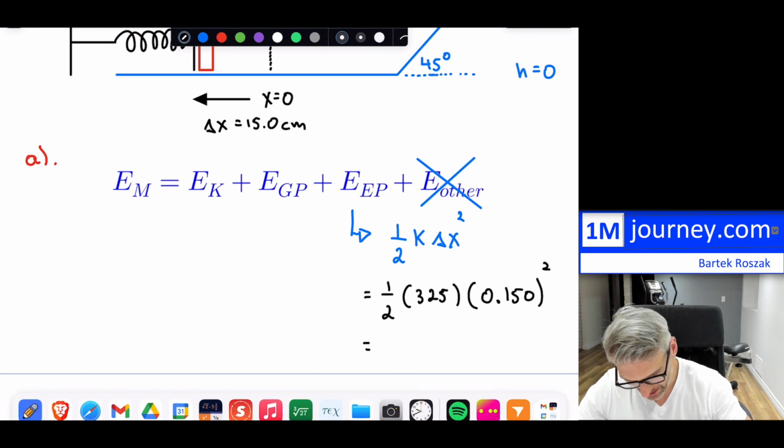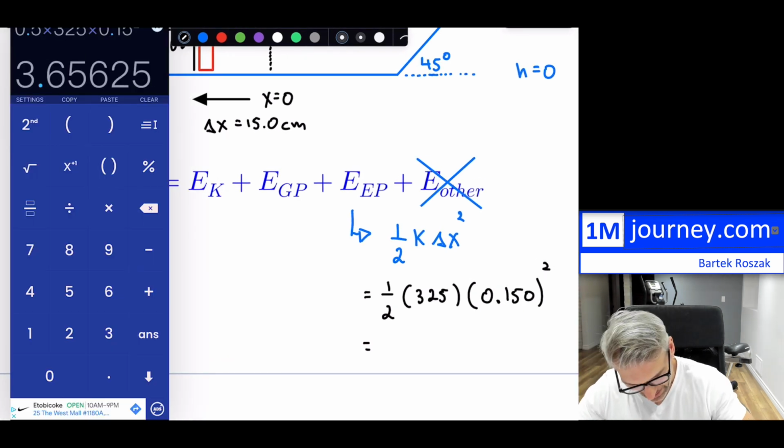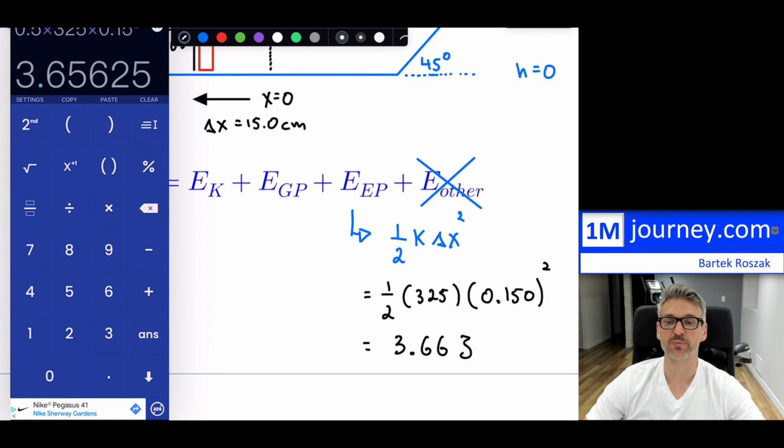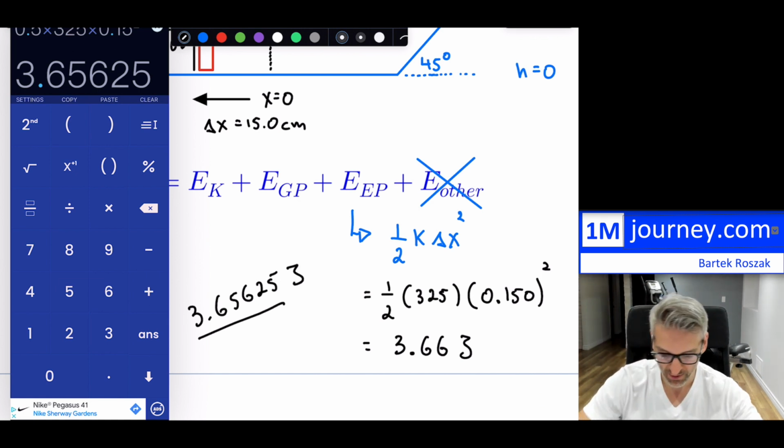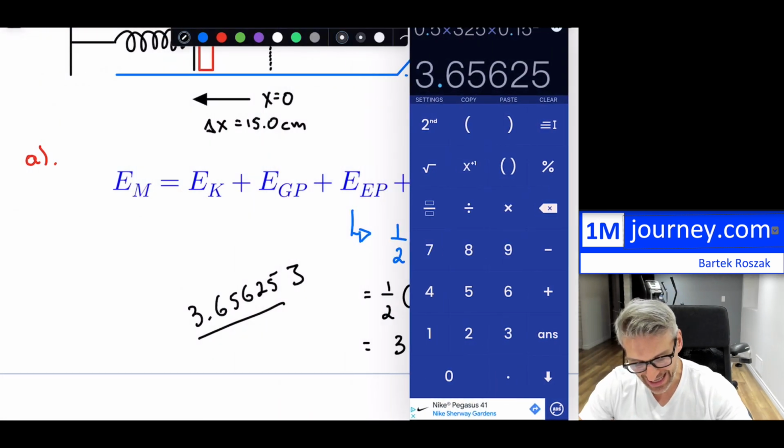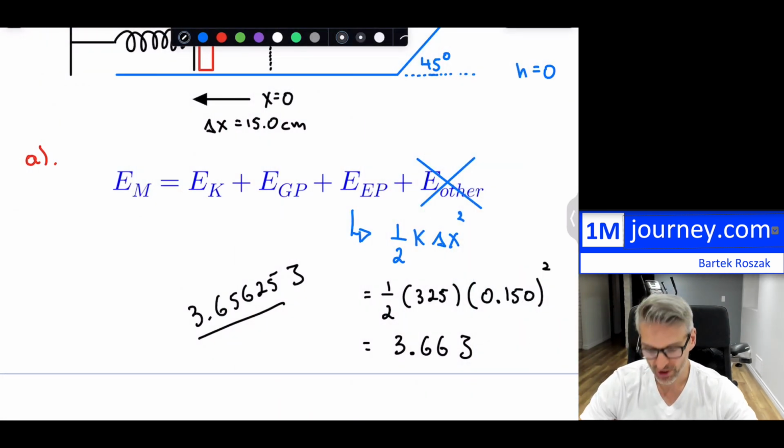Let's take out the calculator, and this is a measly 3.6, and I guess I'll round it off, although I'll keep it on the calculator. So 3.66 joules of energy that would have been in the compressed form. That's 3.65625 if we want to keep all of the decimal places. I'll just leave it as it is for the moment. So that is the elastic potential energy.